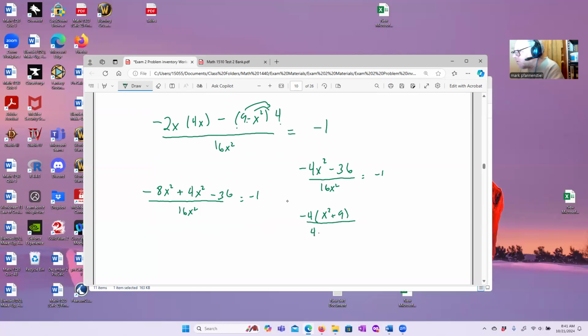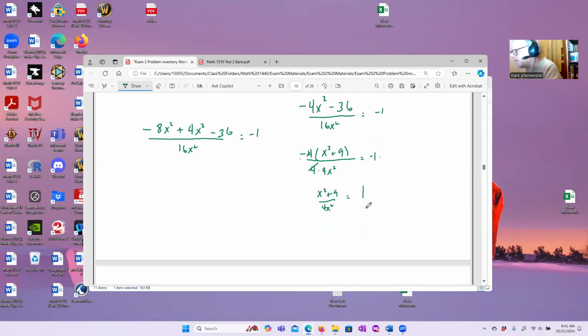I'm going to put 4 times 4x squared on the bottom, equals negative 1. Some stuff will cancel. So we have x squared plus 9 over 4x squared equals, the negative cancels with that negative, so equals 1. So x squared plus 9 equals 4x squared. I just cleared the fractions because that's how we solve rational equations.